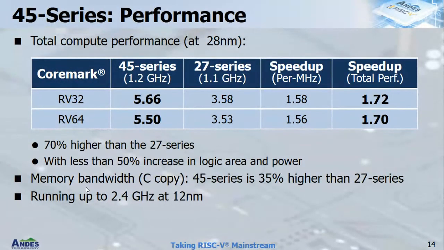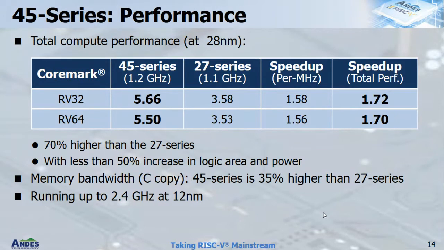The performance of the 45 series, which is an 8-stage dual issue, compared with the 27 series is quite impressive. In total, we are seeing speedups for CoreMark of 1.7 for 32-bit and 64-bit, roughly. The memory bandwidth in the 45 series is also 35% higher than the 27 series.